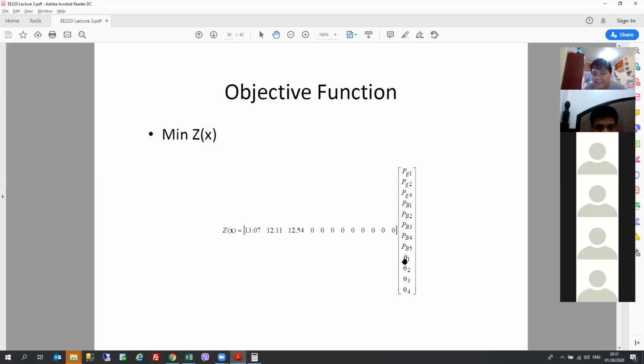Eventually, we have the bus angles to determine the voltage. For each bus, we have 4 buses, kaya may theta 1, 2, 3, 4. So when you put it in matrix form, di ba ano lang yan, 13.07 times P1 plus 12.11 times P2. So ganun yan, di ba, pag matrix form. Wala namang cost yung pag-operate ng line eh. So kaya naging 0 siya dito.